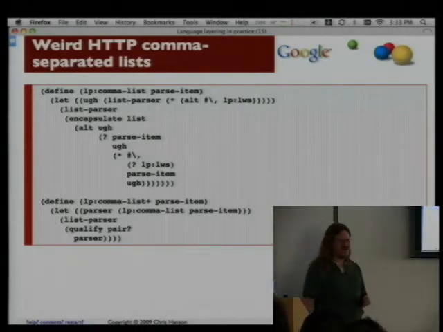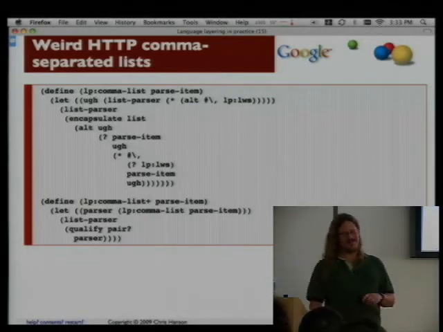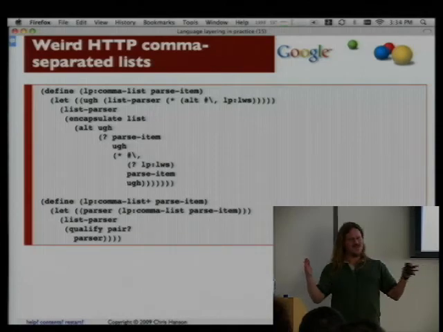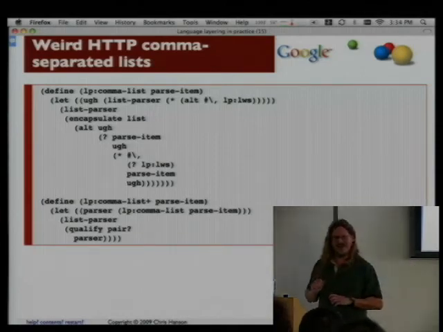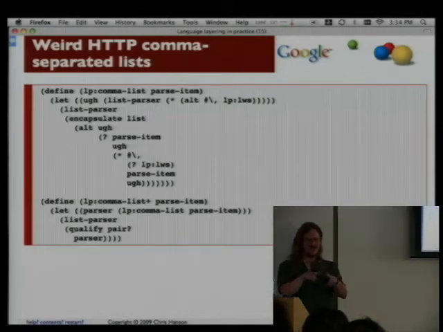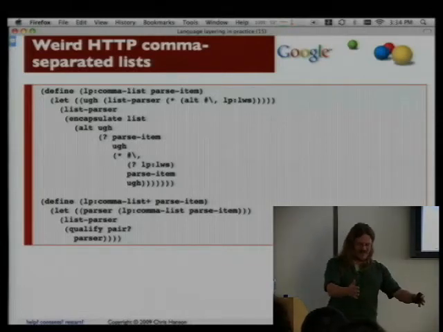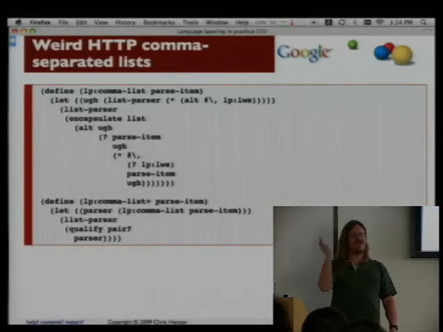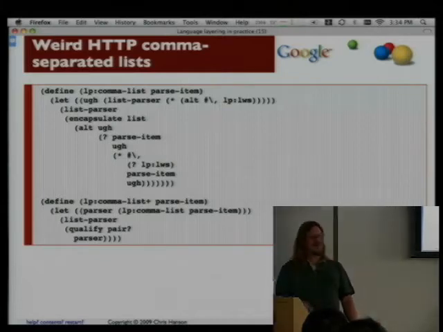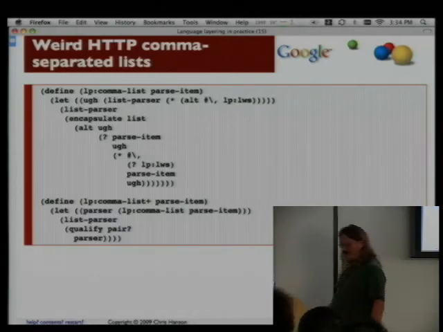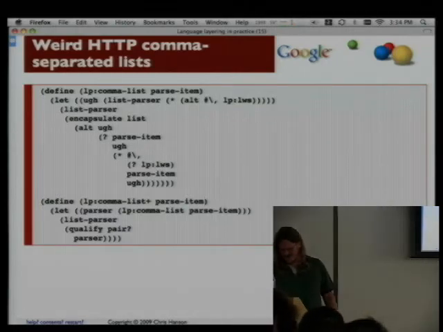Comma lists in HTTP, you can put the commas anywhere. You can have arbitrary sequences of commas in one of these comma-separated lists, and the only ones that matter are the commas that are in between stuff that isn't commas. So you can put 100 commas at the very beginning, and it's as if you didn't put anything there. You can put 3 in the middle, and it counts the same as 1. So go figure. It was a pain in the ass to program it.